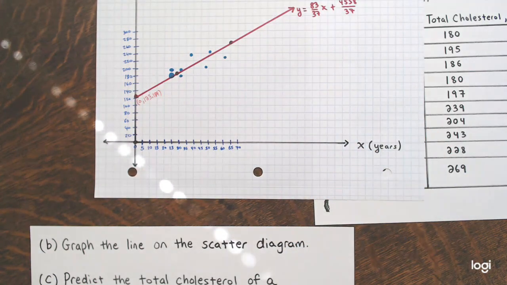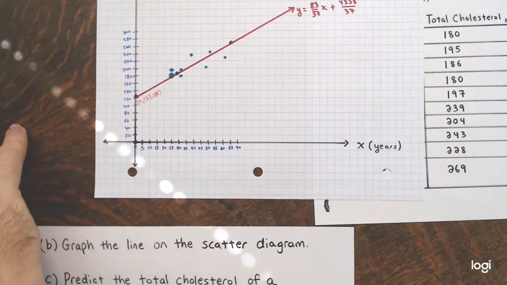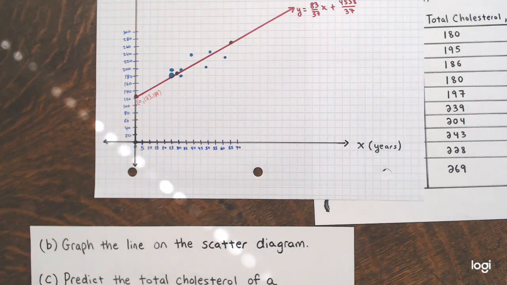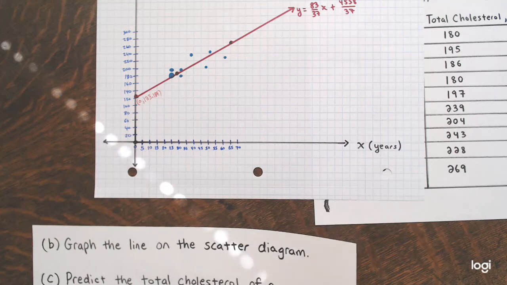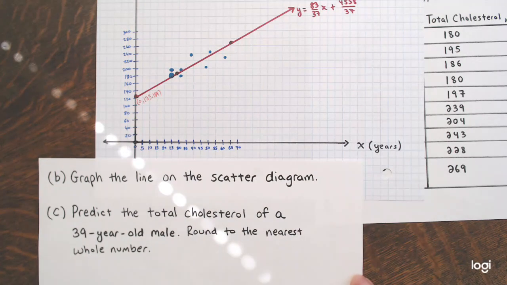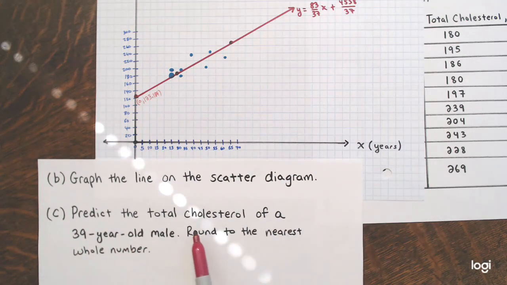Great. Now what we're going to do with that: when you're given a scatter diagram and you're asked to find a line, if you see a linear pattern, which I do see in these 10 points, find a line that these points tend to follow, and then what you do with that line is make some predictions. So that's what part C is about. Part C: predict the total cholesterol of a 39-year-old male, and round to the nearest whole number.